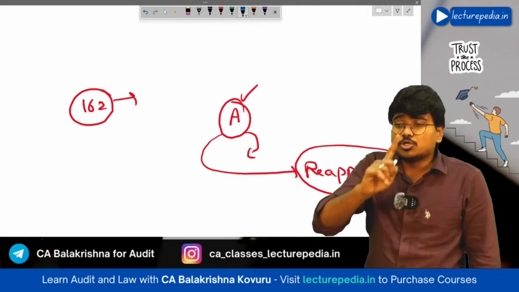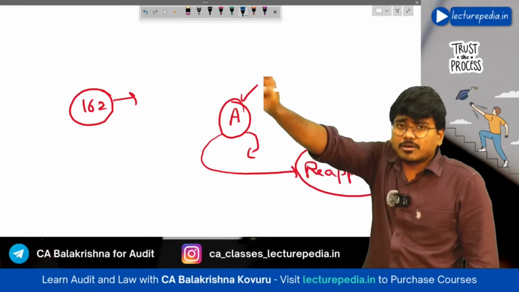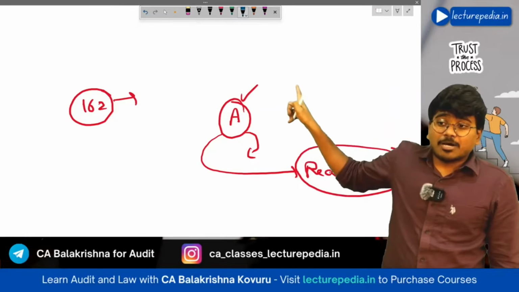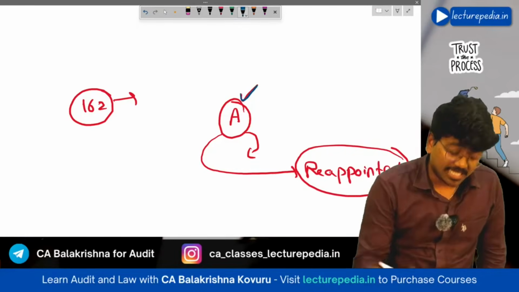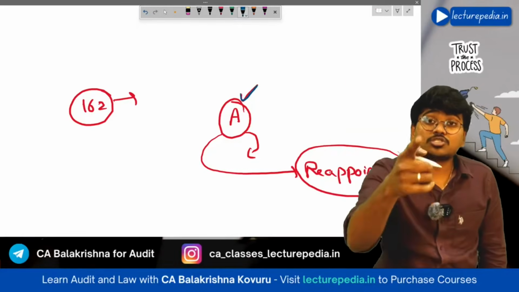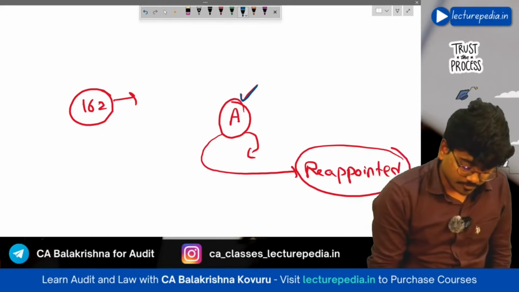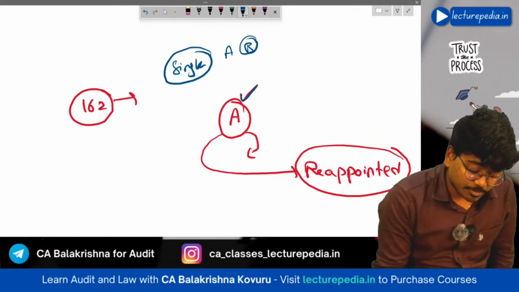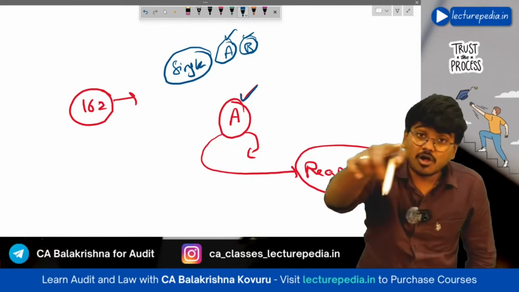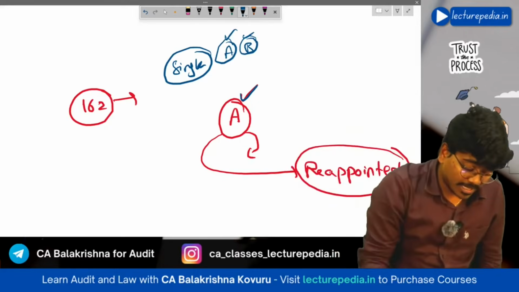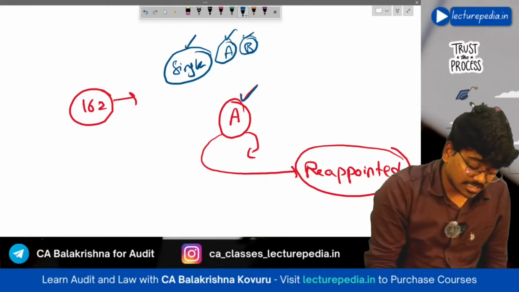Now if we apply section 162 to this scenario, what does 162 say? You have to use a single resolution for appointing one director. Here, at the time of appointing Mr. A, section 162 was contravened. That means a single resolution was used to appoint Mr. A and Mr. B, two or more directors appointed with a single resolution.